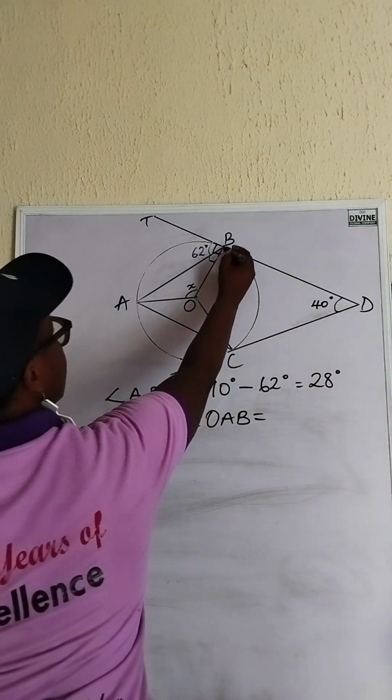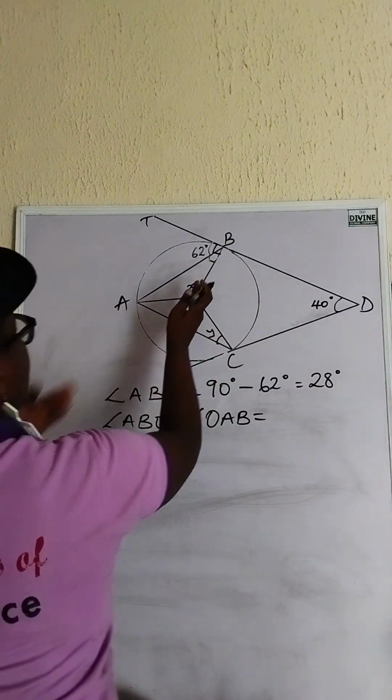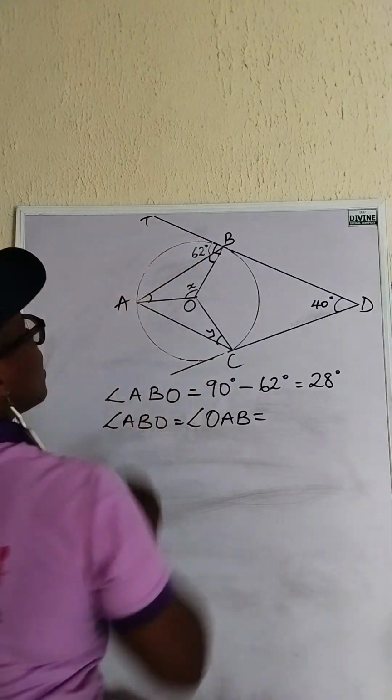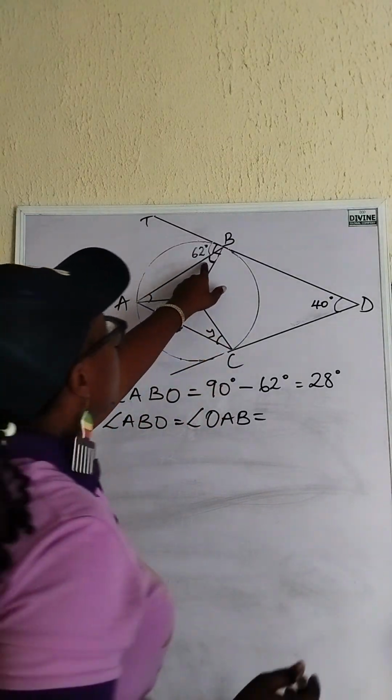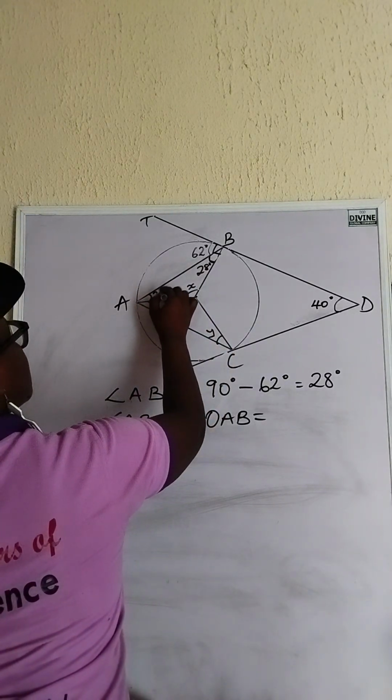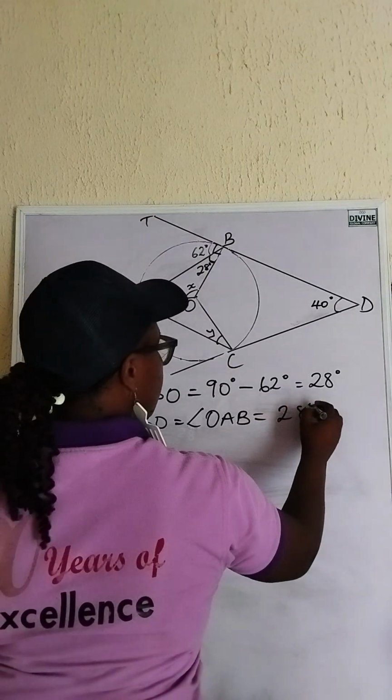This is the radius of a circle, and this is another radius, and they formed this triangle, meaning that this angle and this angle are equal. And since we figured out that this one is 28 degrees, this one is also 28 degrees.